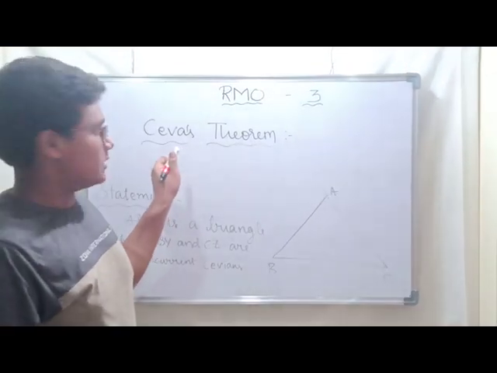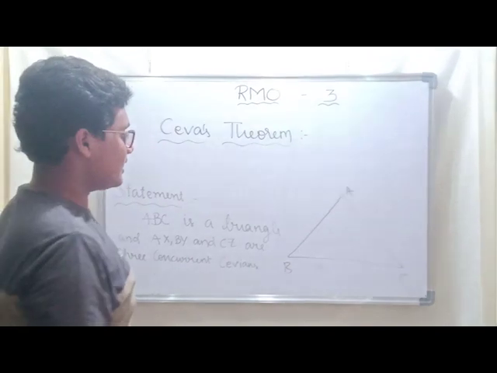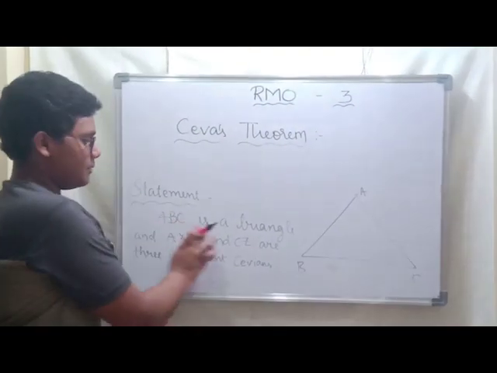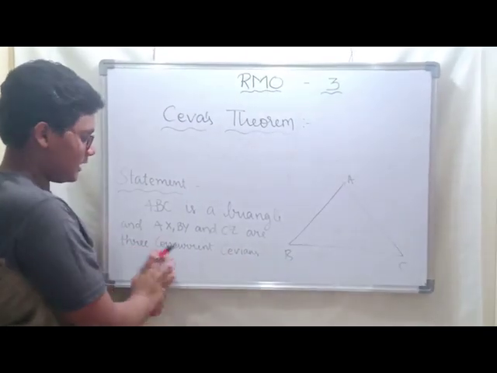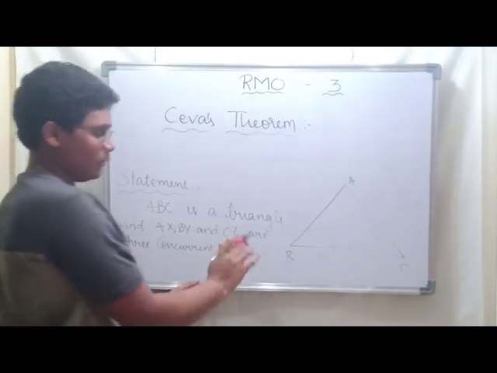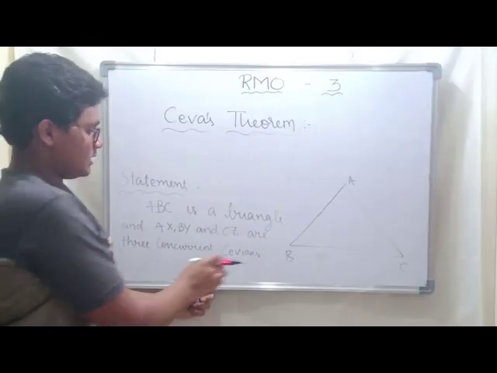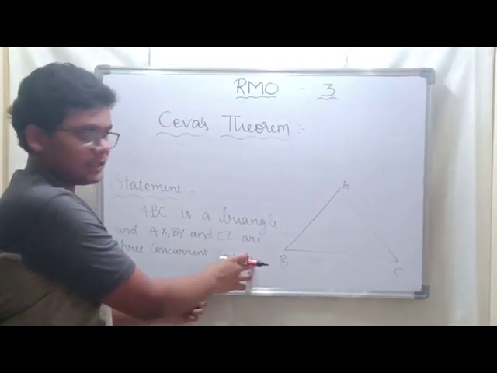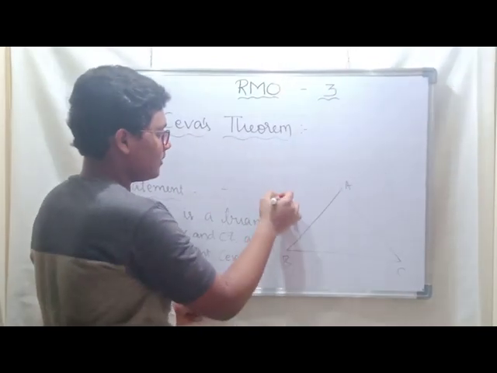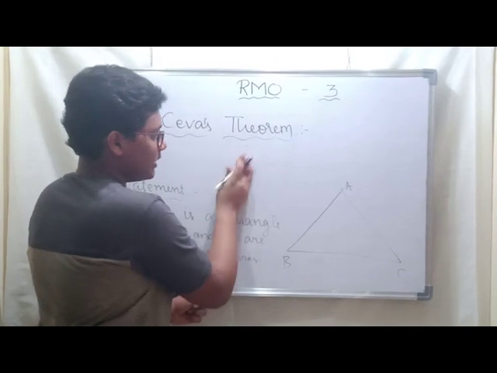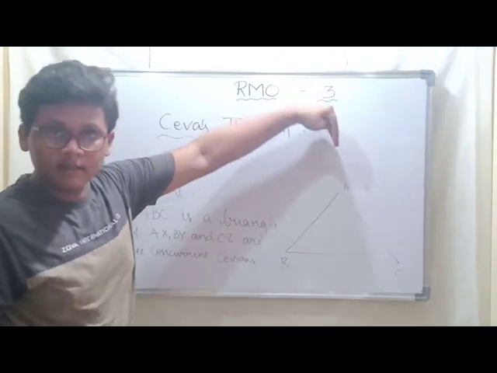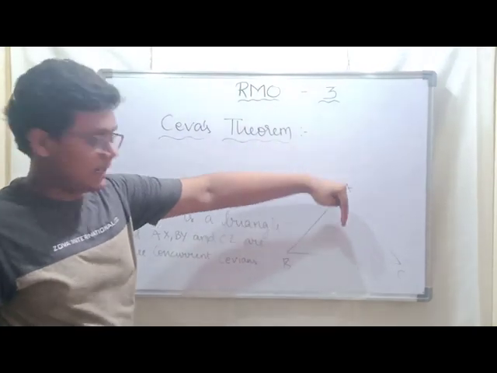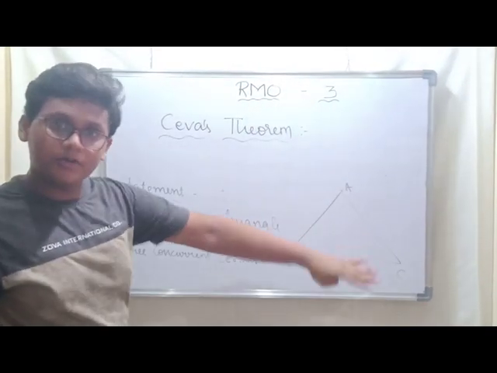Now, Ceva's theorem. ABC is a triangle and AX, BY and CZ are three concurrent cevians. We need to prove... I'll say what to prove. Cevians: in a triangle, a line which passes through a vertex and is not perpendicular to the opposite side.